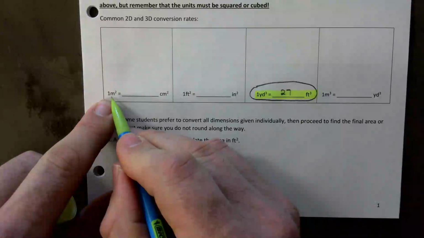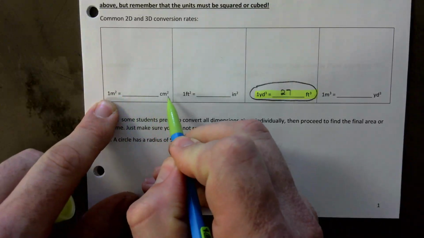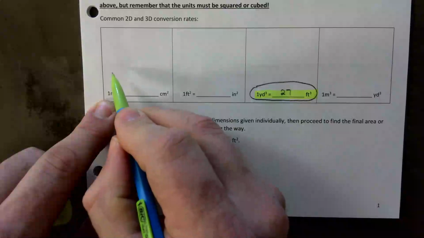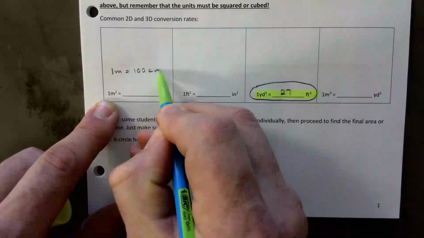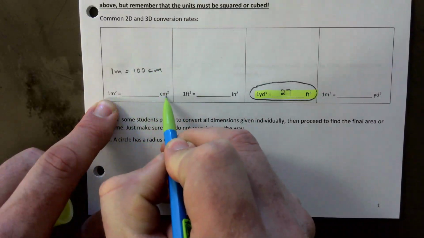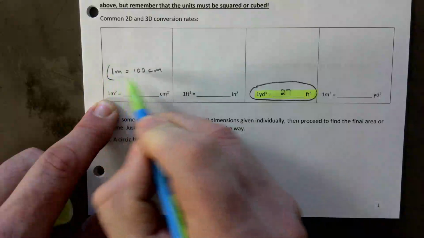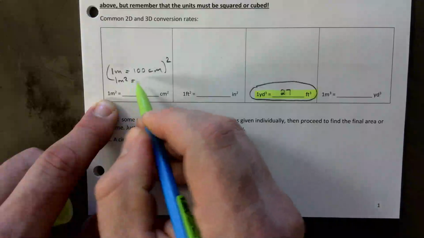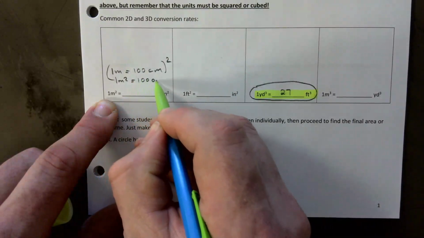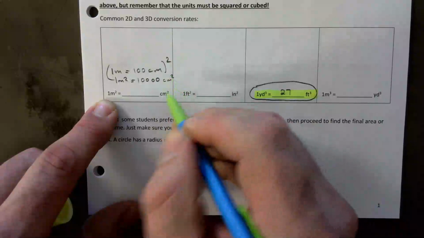Let's do this one here. 1 squared meter has how many squared centimeters? Anybody? 1 meter has 100 centimeters, that is right, but squared. What do you do when something is squared? You literally square the whole thing. So 1 squared meter has 10,000 squared centimeters.